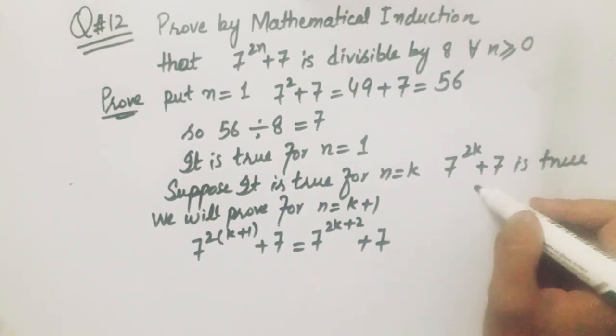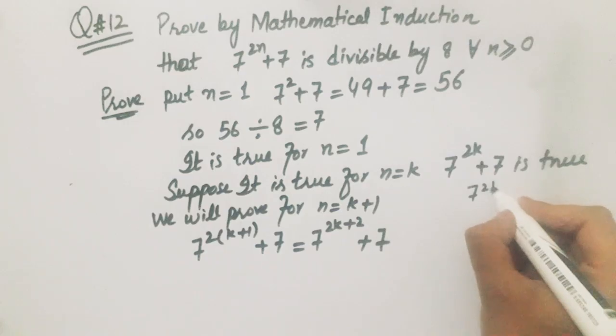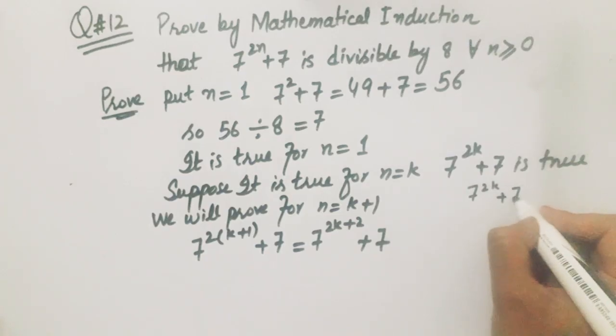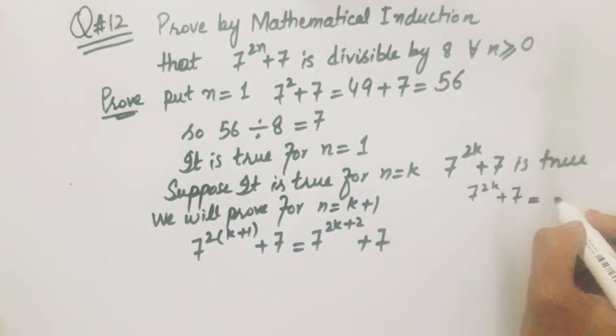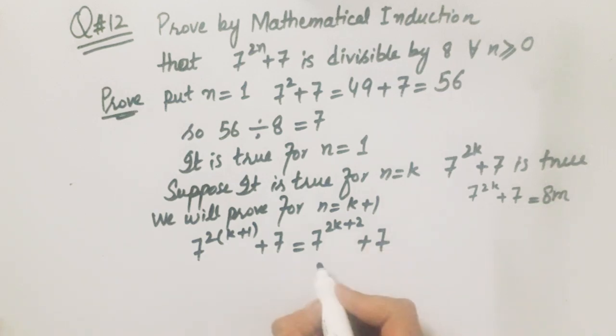Let's suppose we give this a name: 7 raised to power 2k plus 7 is equal to 8m, because it is divisible by 8.